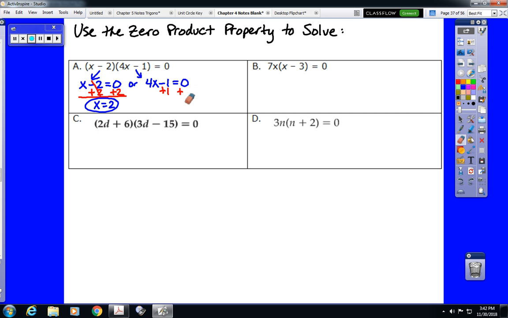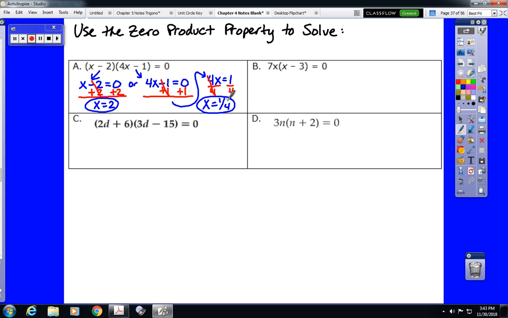We would add 1 to each side, which would give us 4x equals 1. And then we would divide by 4, which would give us x equals 1/4. So our two solutions to this equation would be x equals 2 and x equals 1/4.